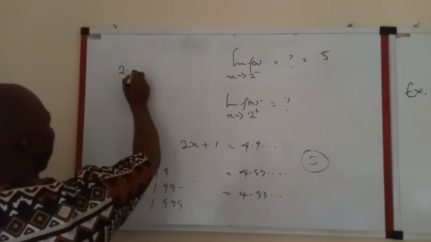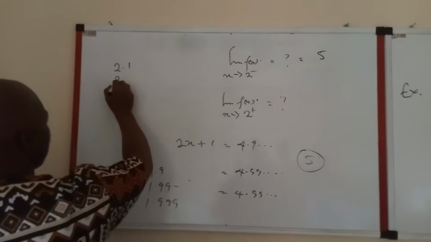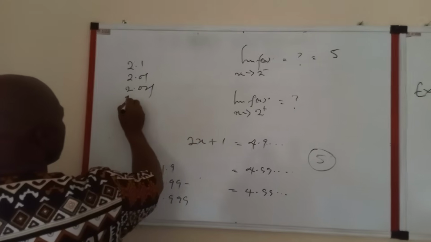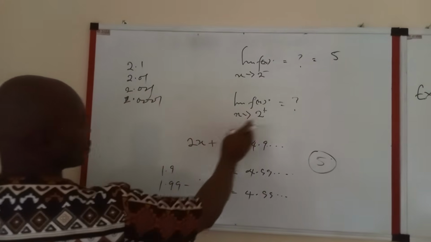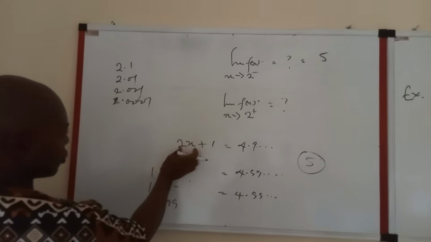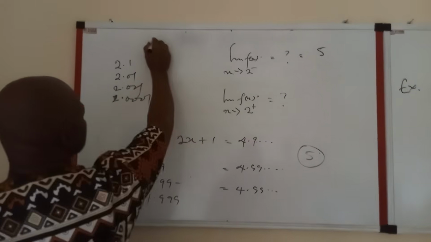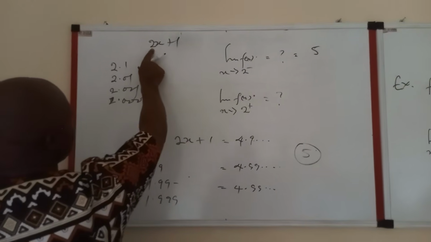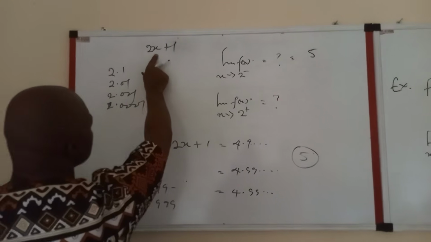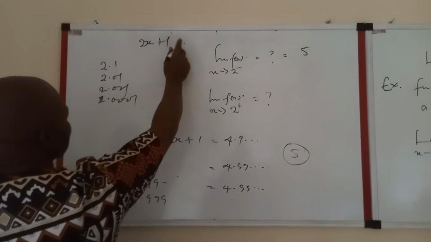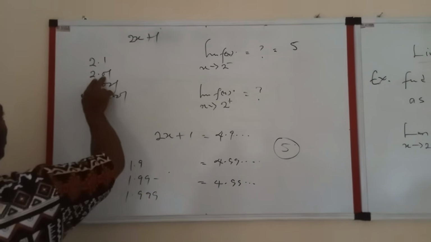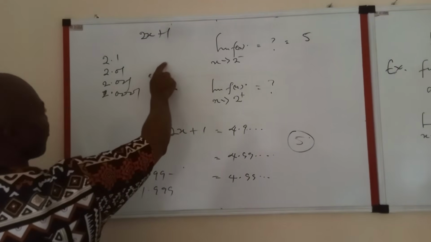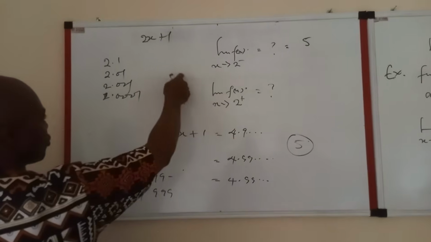Now, when you consider the right, the points are 2.01, 2.001, 2.0001. If you put these into the function 2x plus 1, you will see that this one gives us 4.02 plus 1, about 5.02. Then you have 5.002, 5.0002, and so on.